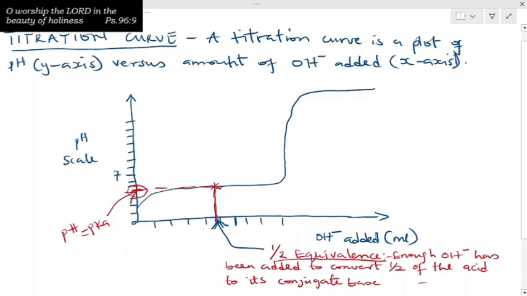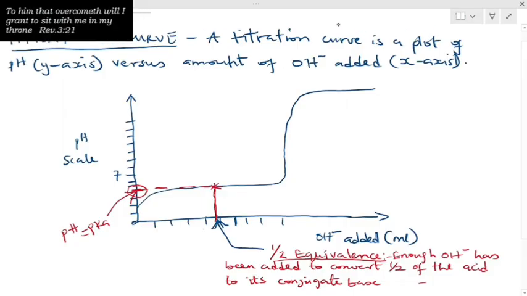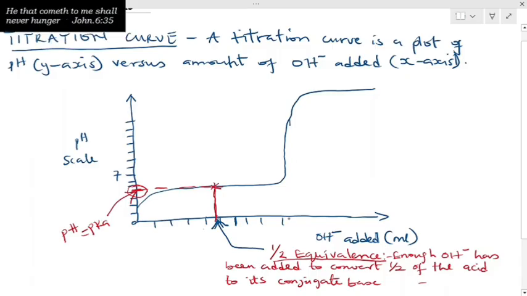Then you have your maximum. I'll take my blue pen again. Here you have your maximum coming down.